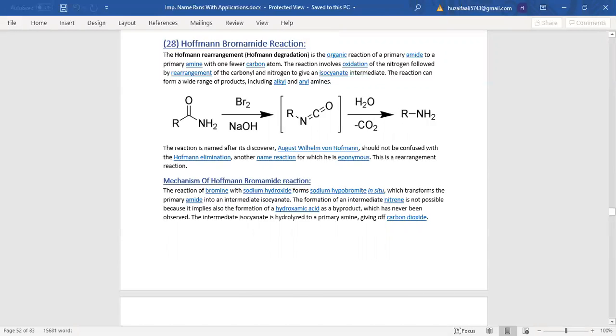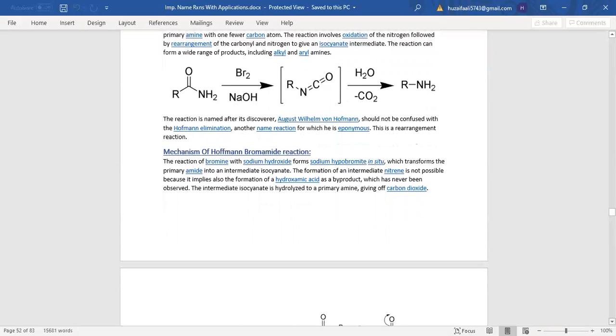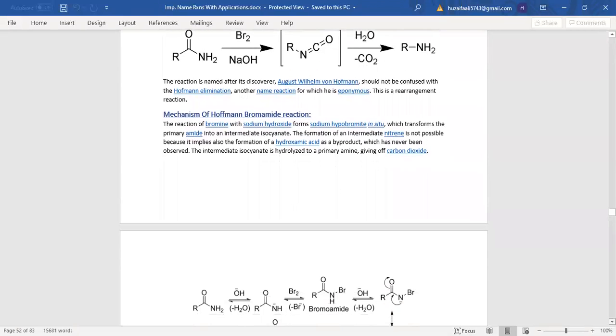The reaction is named after its discoverer, August Wilhelm von Hofmann, and should not be confused with the Hofmann elimination, another name reaction for which he is eponymous. This is a rearrangement reaction. Mechanism of Hofmann bromamide reaction.